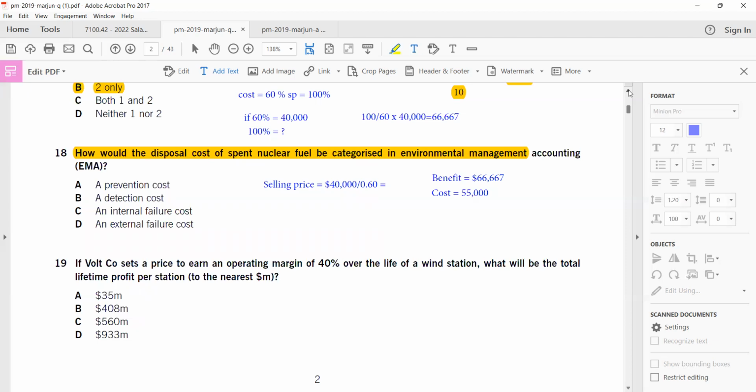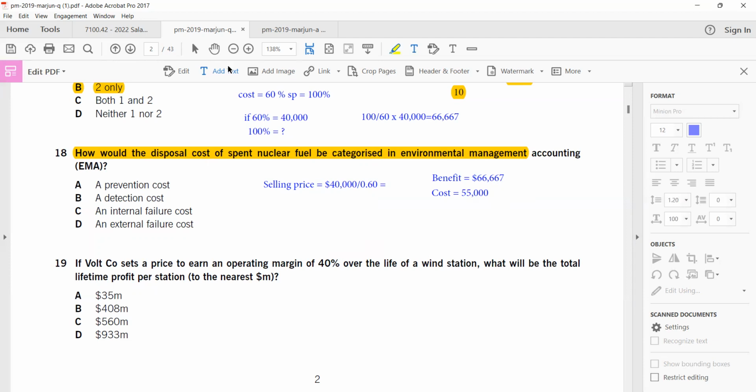Yeah. What happened is that they said for the entire station, but what we have done is for a single line item under the wind station. So to estimate it overall, you need to multiply by the number of gigawatts times the number of years to get the overall benefit.